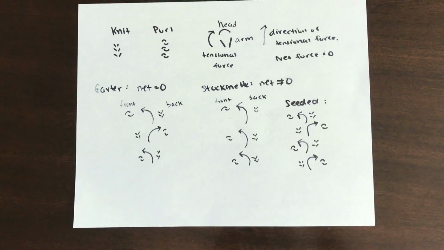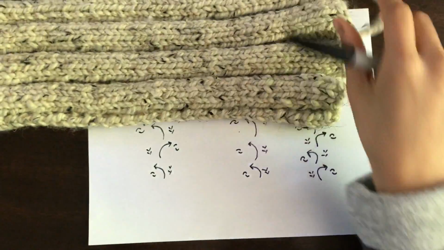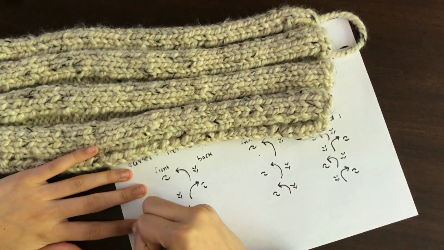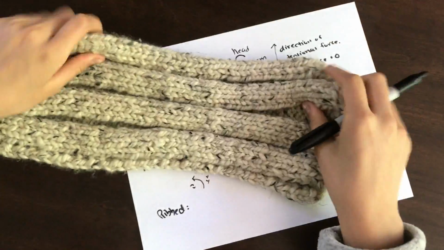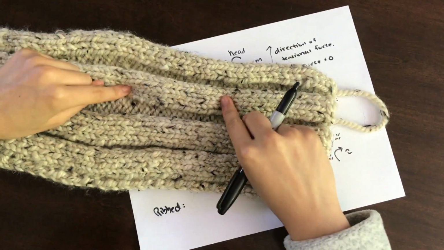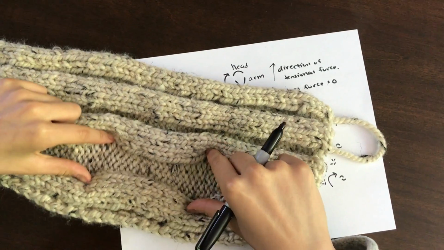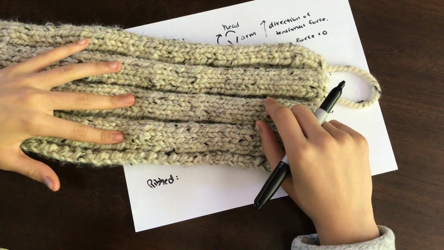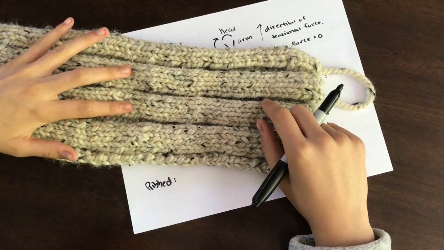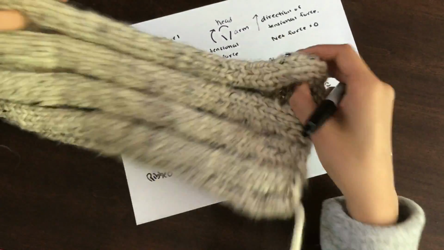And for another example, this is the rib stitch. The rib stitch is made up of little sections or portions. Each one of these raised areas is a section or a portion. And then on the back, we can see the same thing.